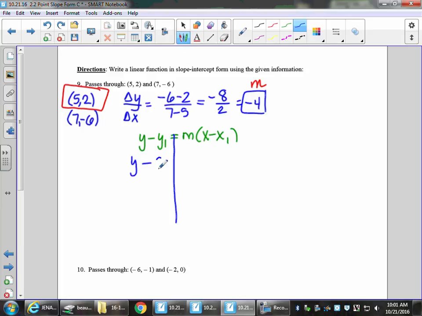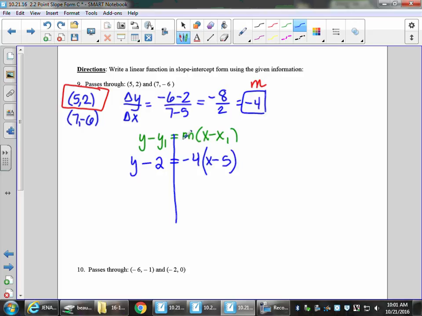So y minus 2 equals, what slope did we just calculate? -4. And now inside parentheses, x, and then we're going to subtract, what's the x value?